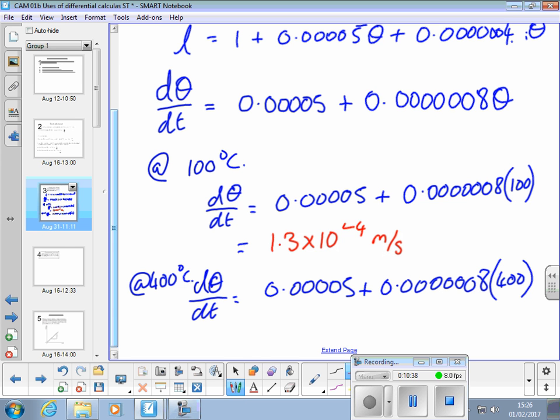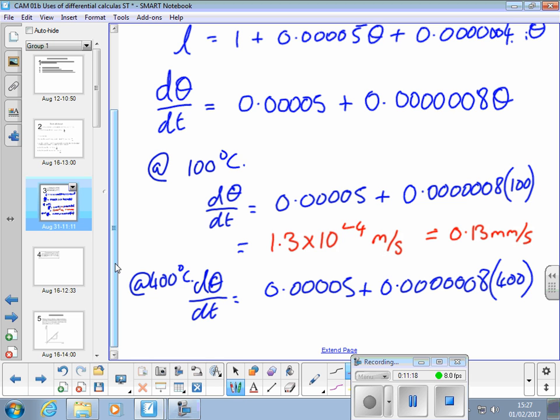And in millimeters, we multiply that by 1,000, that would be 1.3 times 10 to the minus 1, or 0.13 millimeters. Yep.